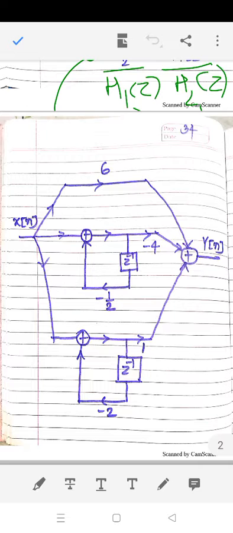What happens in the cascade structure or in direct form 1 or direct form 2 is that this structure is very simple, only a single element, so its operating speed is very high as compared to direct form 1 and direct form 2 as well as cascade form. Its speed is very high and it will produce the same result just like direct form 1, direct form 2 as well as cascade form.